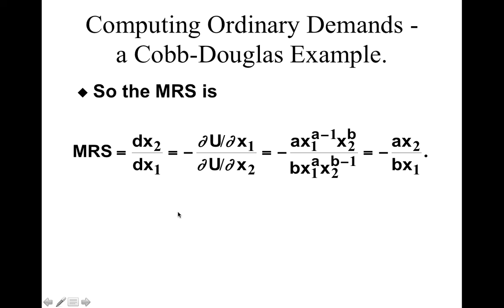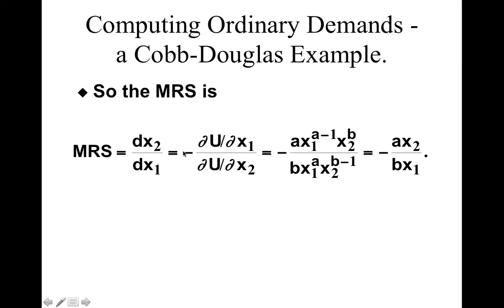We are looking at a very small change, and therefore instead of using a triangle delta to represent change, we are using d, signifying a very small change. So it's like the slope of any curve. It's basically rise over run. On the indifference curve graph, the rise is the change in x2 on the y-axis, and the run is the change in x1 on the x-axis.